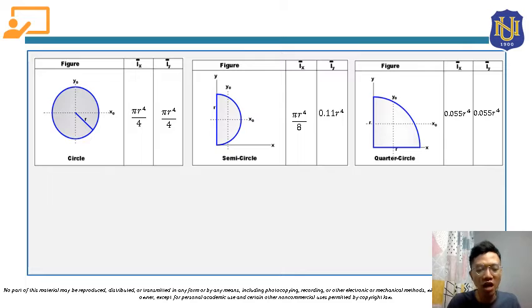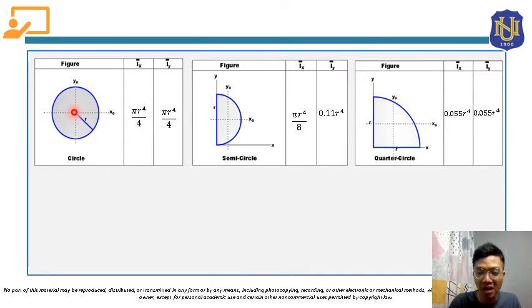Now for a circle, there's also already an established moment of inertia for a circle. For the moment of inertia about the x and y centroidal axis of the circle, its x and y centroidal axis will be located somewhere here.